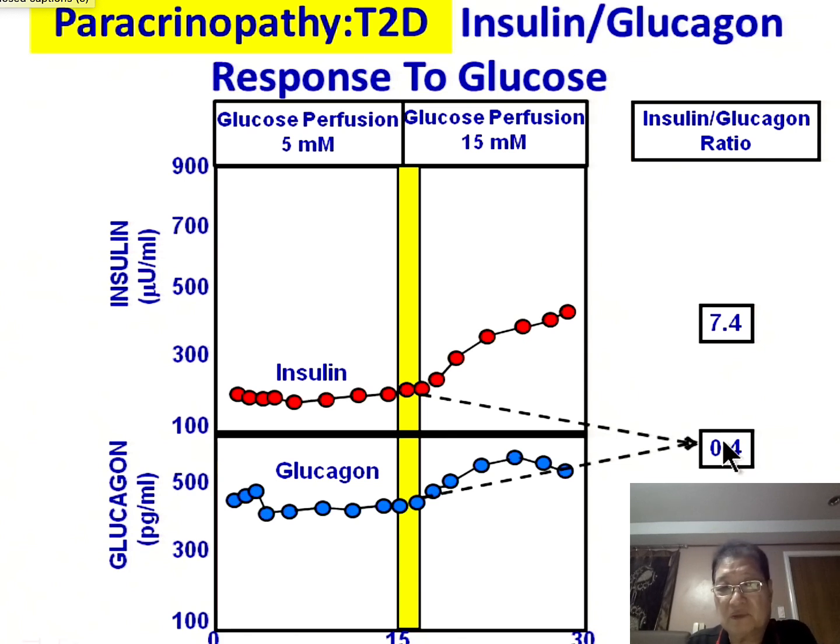This is what you see in type 2 DM for the same experiment. The first thing you note is the loss of the first phase insulin release, the spike, but the insulin levels are higher than normal overall, and because the insulin spike is gone, there's no more suppression of glucagon despite the high level of insulin. Glucagon level is also high because they are insulin resistant, and that results in a low insulin to glucagon ratio of 0.4, or less than 1.